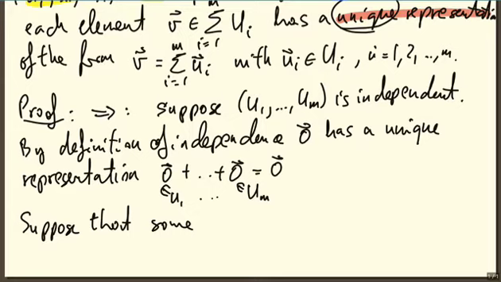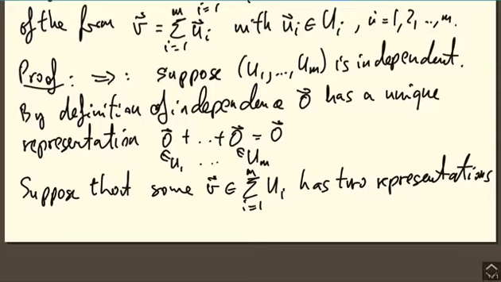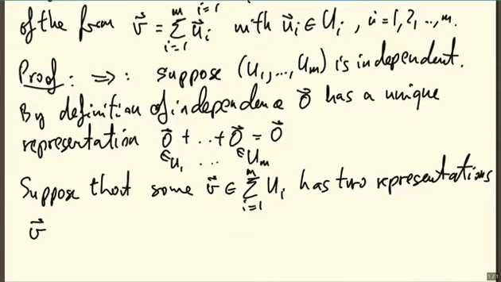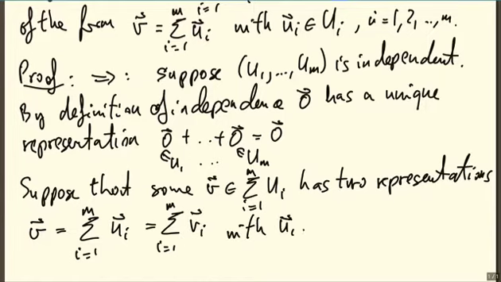Suppose that some v in the sum has two representations. Let's write this as v equals the sum of, say, ui's, and that equals the sum of, say, vi's, with the ui vector and vi vector both from Ui for each i equals 1 through m.